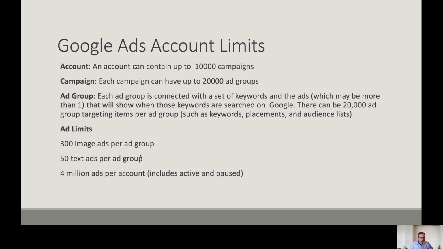So the idea is that these account limits are very large, and therefore there is a lot of flexibility and a lot of degrees of freedom for the advertiser to design its campaigns, because a large number of campaigns, ad groups, and ads inside each ad group are allowed.